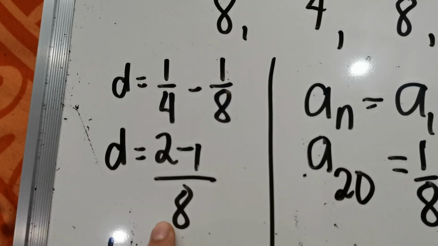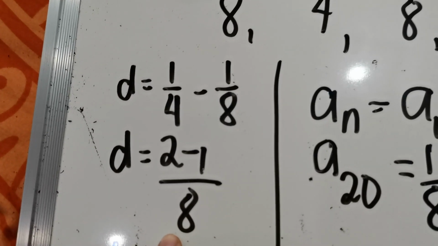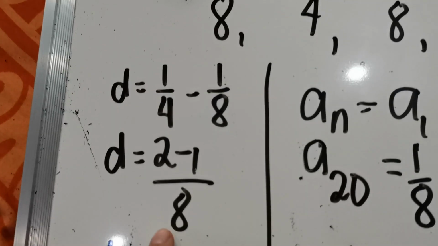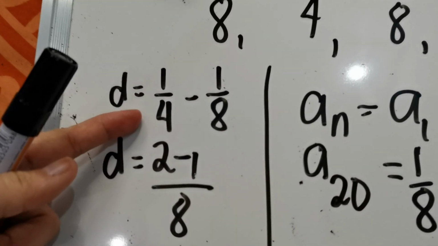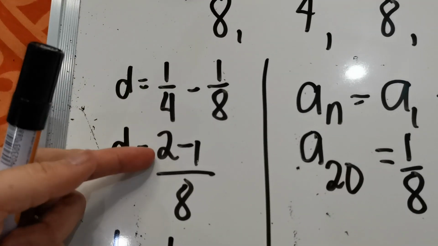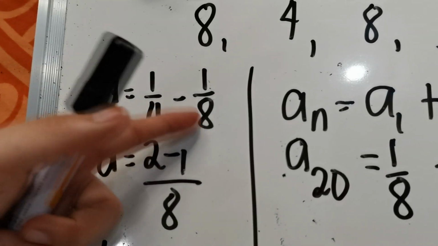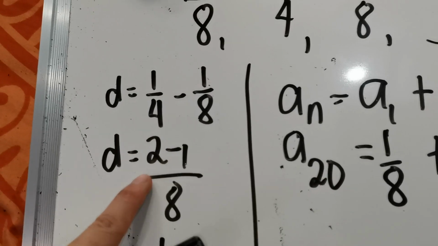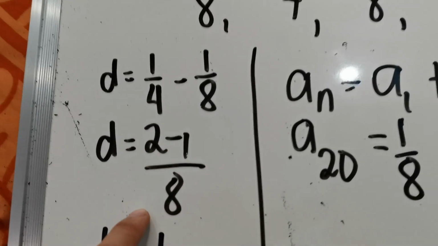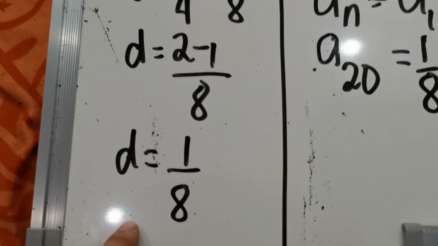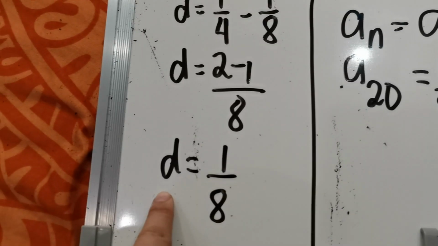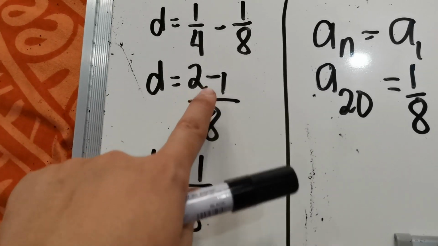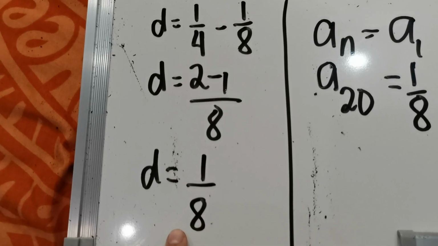And then, what's next? So, ang gagawin lang natin, divide times lang yan. 8 divided by 4, 2. Times 1 is 2. 8 divided by 8 is 1. Times 1 is 1. So, 2 minus 1 all over 8. And then, we can have here, the common difference is 2 minus 1, 1 over 8.